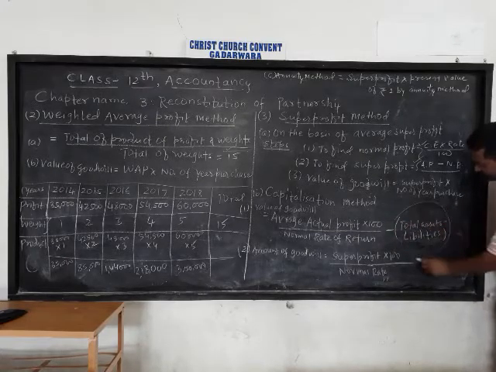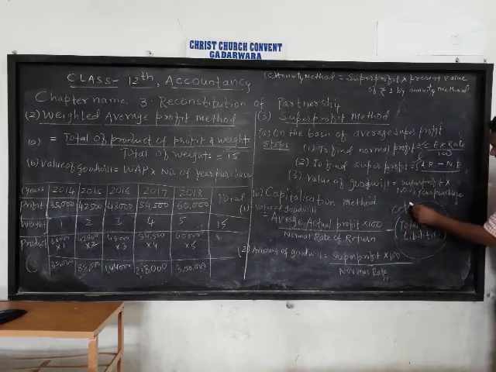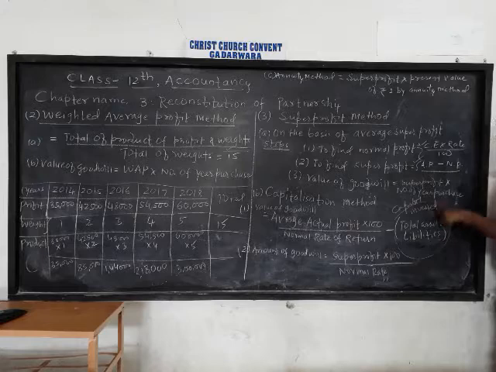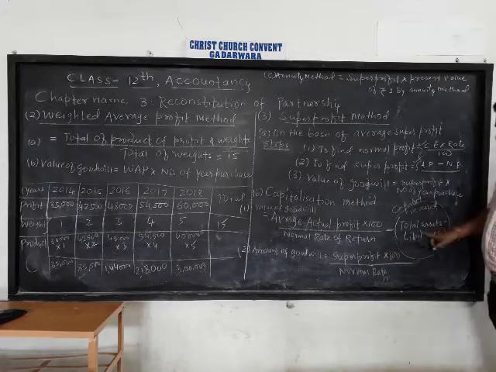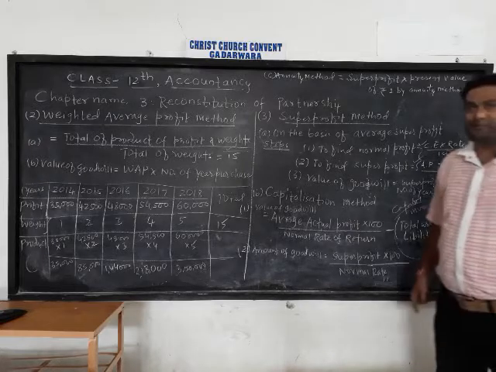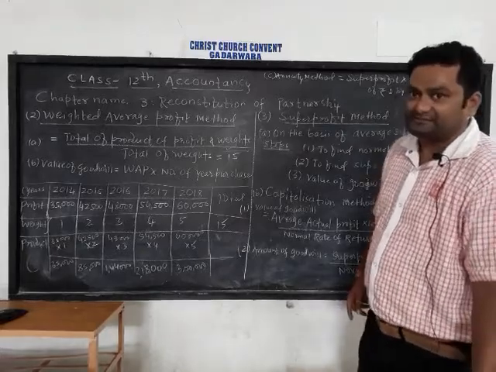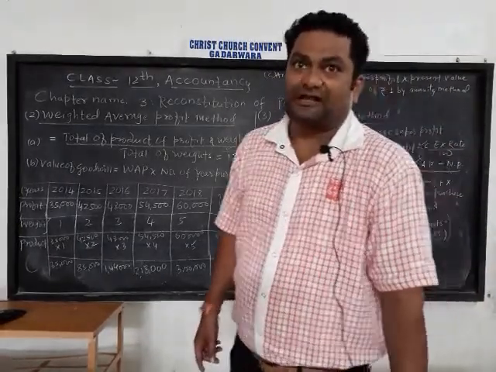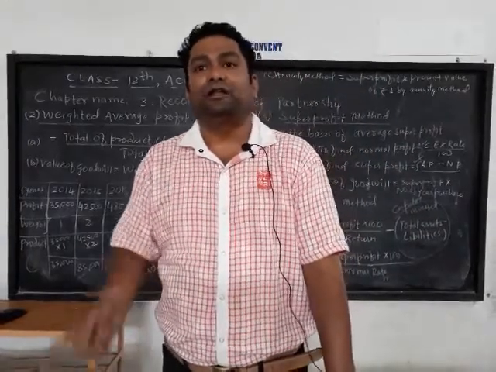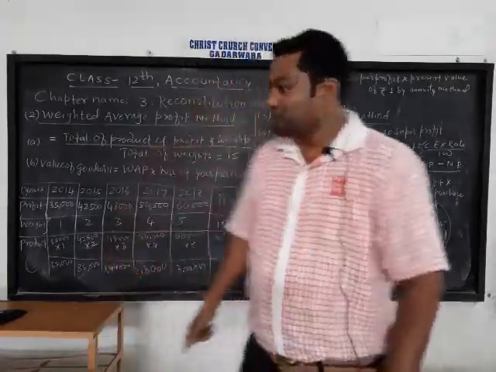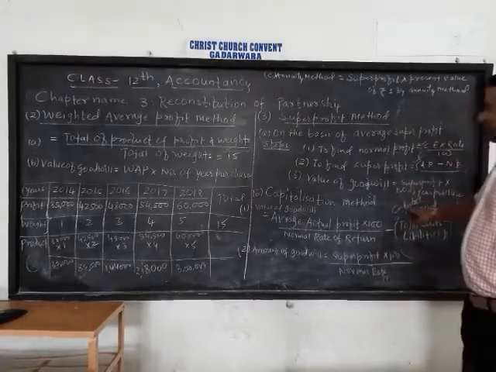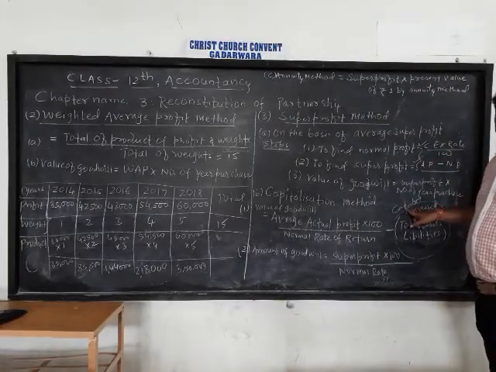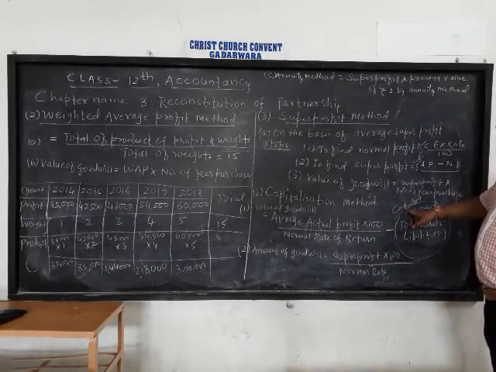In place of this, you can write capital invested, because what is the formula of capital? You already studied in 11th: total assets minus total external liabilities is equal to internal liability, that is capital. So in place of this, you might be given capital invested in your question, so be aware of it.